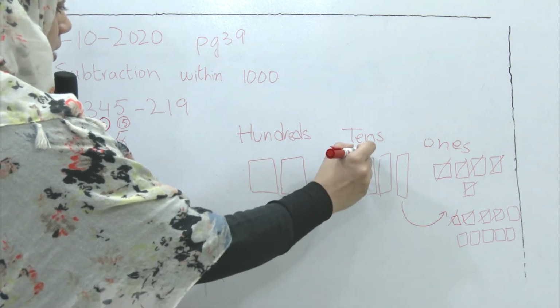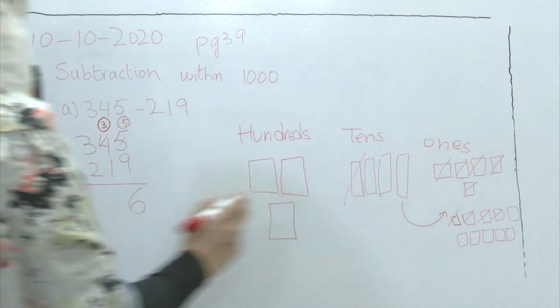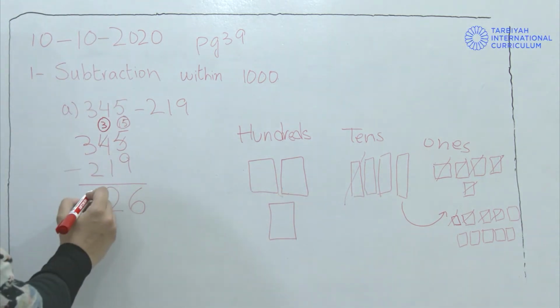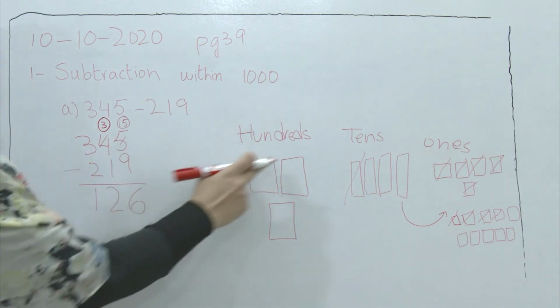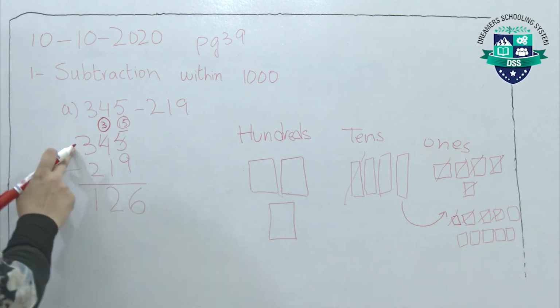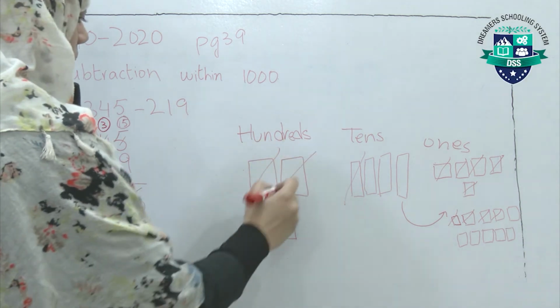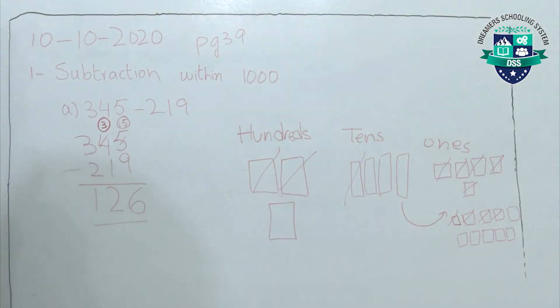Now we will subtract 1 ten. How many do we have now? 2 tens. So we will write 2 here. And this is 1. So I will also draw here 3 hundreds, and we will take away 2 hundreds. So 100. So our answer is 126.